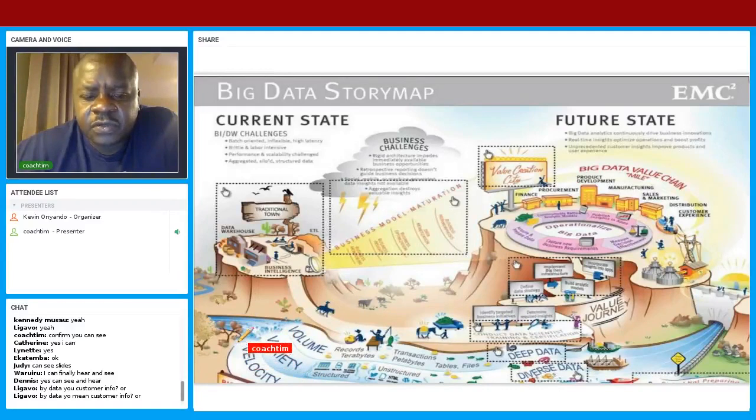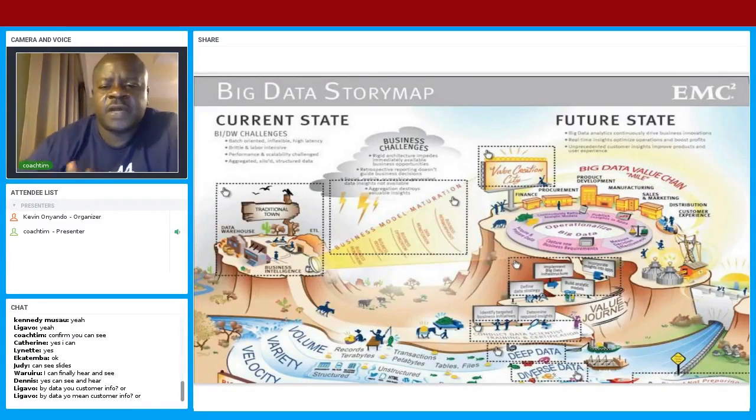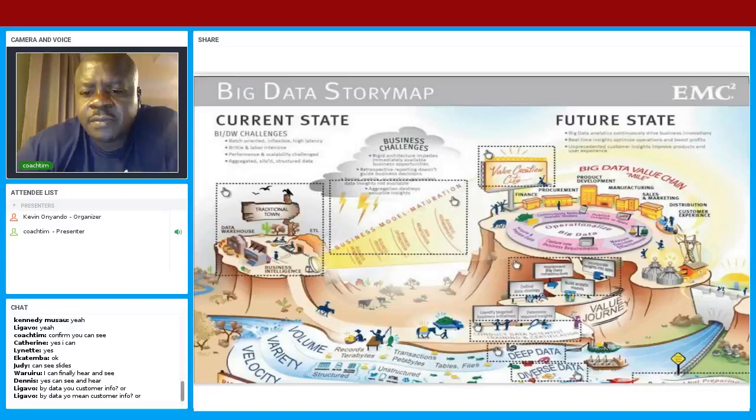So this velocity becomes an aspect of latency. You need systems that can match the speed of data. That's why telcos and banks have a need to improve the speed with which information is accessed, so at least to enable decision making.